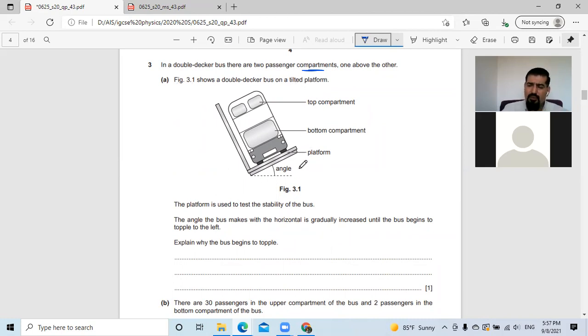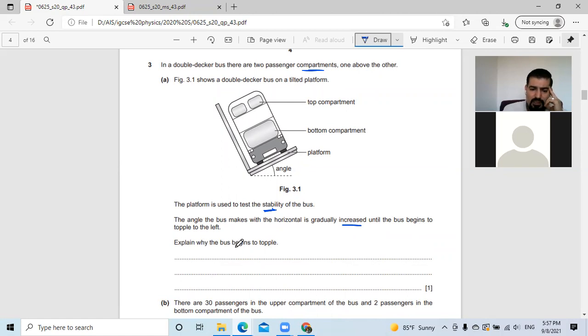We have a platform and we keep tilting it to check how stable this bus is or not. The platform is used to test the stability of the bus. The angle the bus makes with the horizontal gradually increases, until the bus begins to tipple to the left.